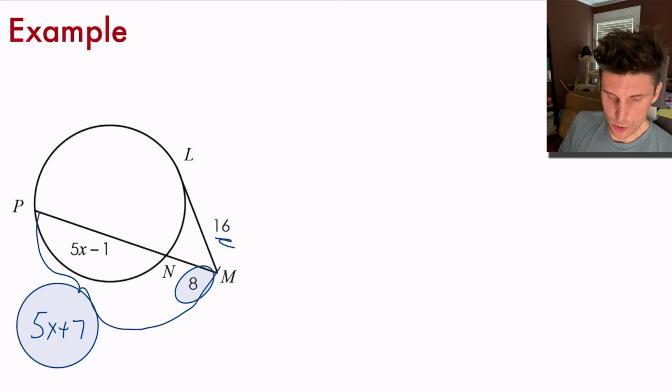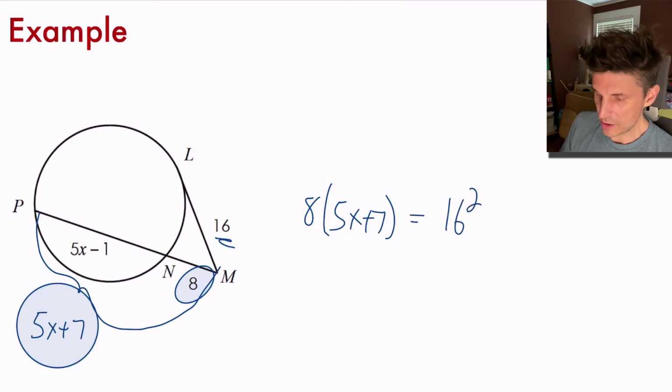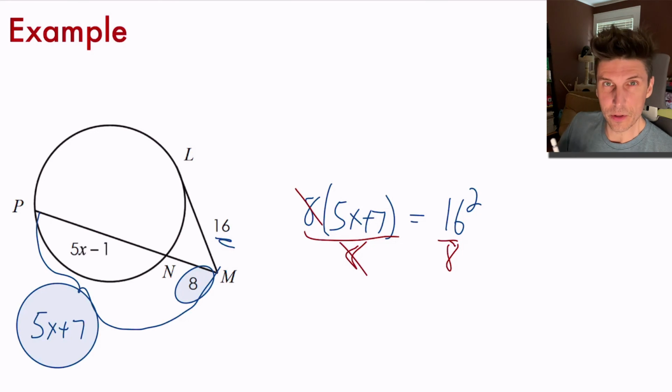So let's go 8 times 5x plus 7 equals 16 squared. Actually, 16 squared is going to be divisible by 8. So I'm just going to divide both sides by 8, because why distribute and make numbers really big on the left side if I can already reduce the whole thing?